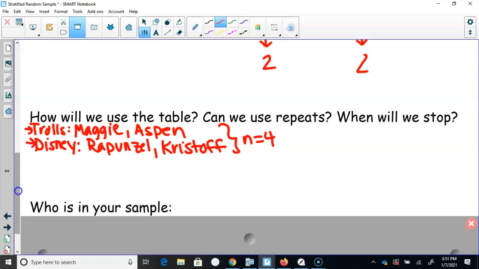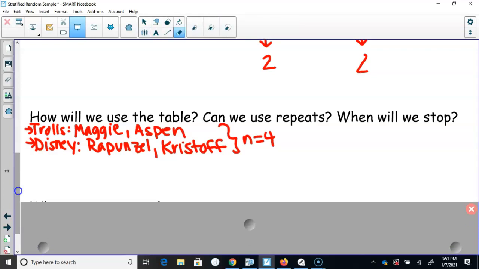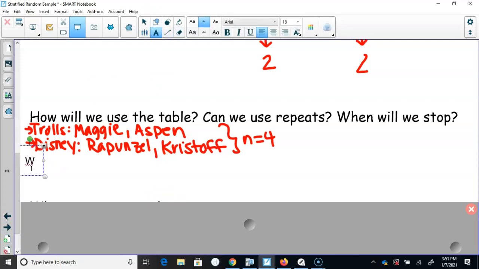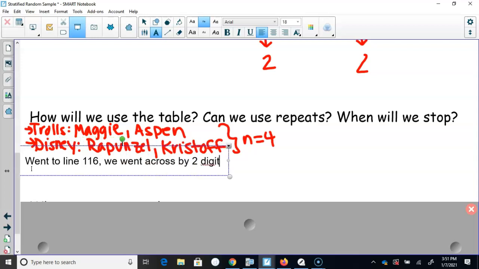Now what we need to do, though, is we need to be able to describe this, okay? So what did we do, guys? We went to line 116 first. We went across by 2 digits.